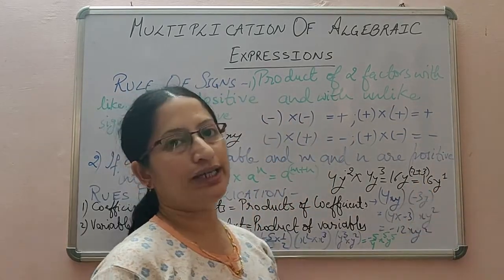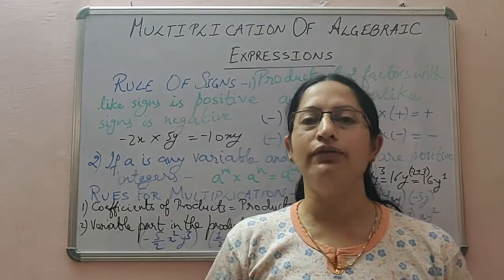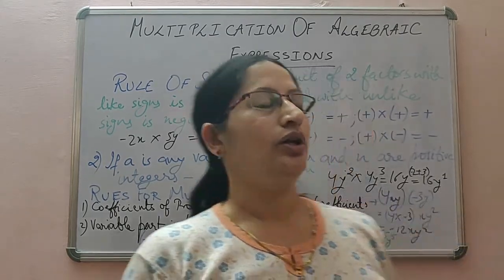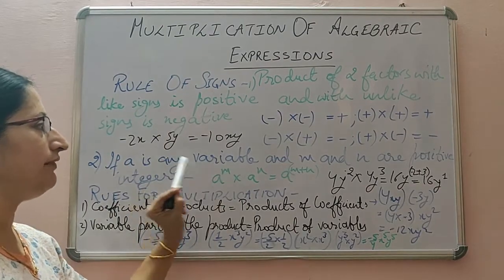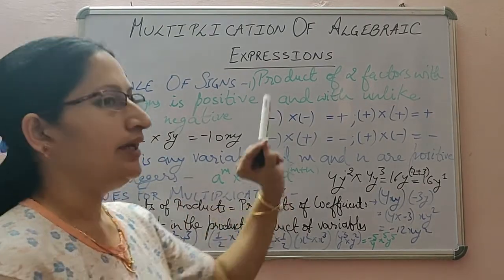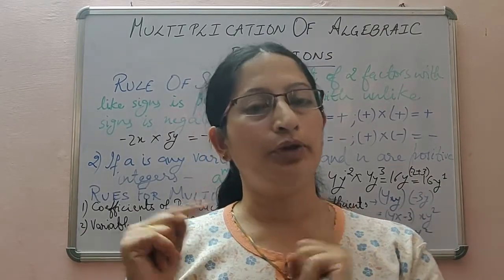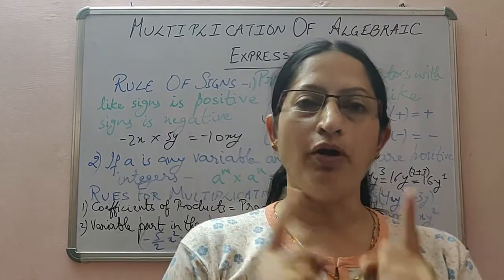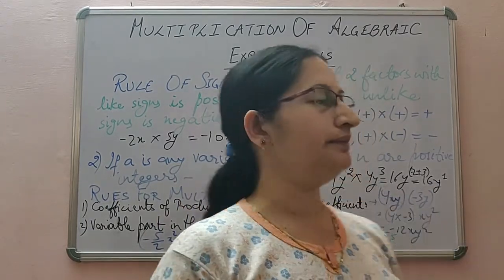Or we can write it as 16y, because to the power 1 we generally don't write, we write as 16y. So I hope you have understood this rule also, that is, if there is a product of two variables, the product will have a power which is the sum of the powers of both the variables in the algebraic expression.